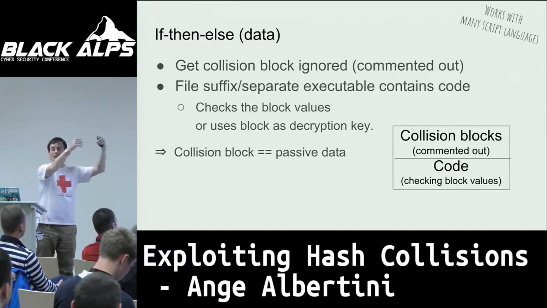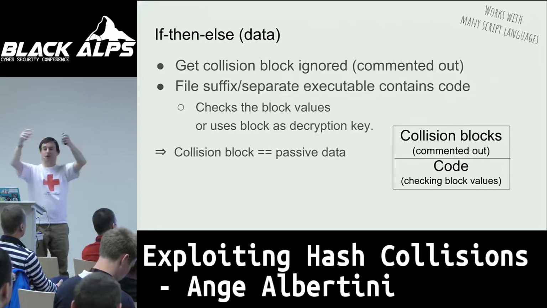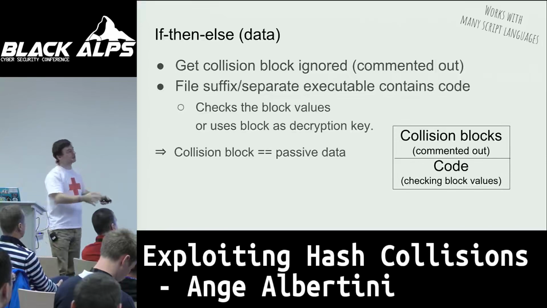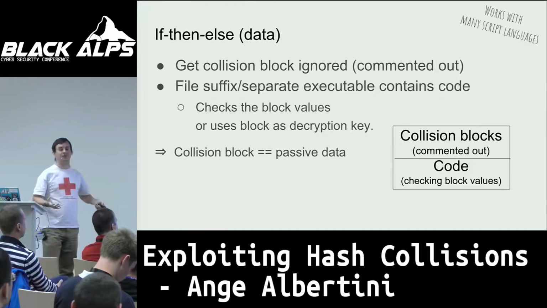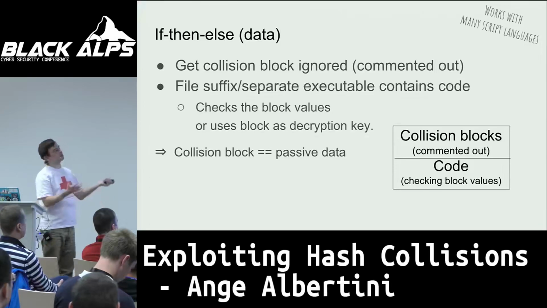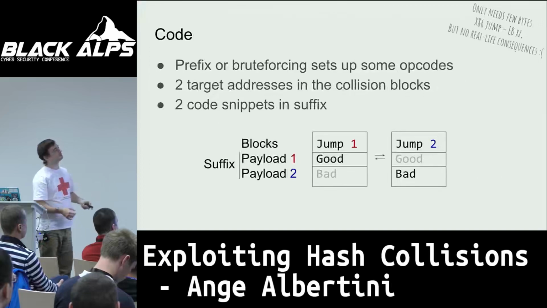So one block will be the right decryption key, and another version of the block will be the wrong decryption key, even though they have the same hash. So in this case, you just use the collision blocks as passive data, and there is some code that will rely on this data in a comparison or in a blind decryption way.